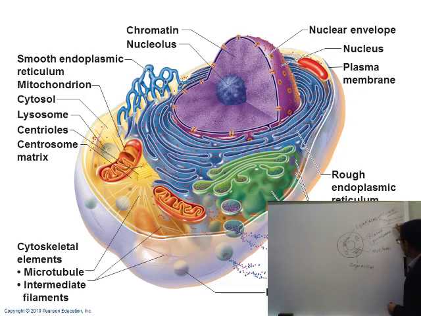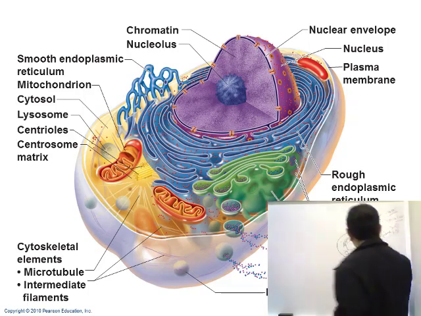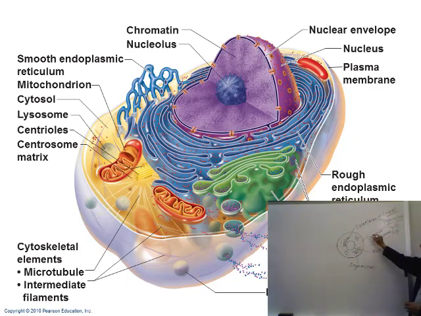One is it gives the boundary that separates outside and inside the cell, and number two is what? It gives the shape of the cell. And the plasma membrane is a semi-permeable membrane that I have mentioned before.